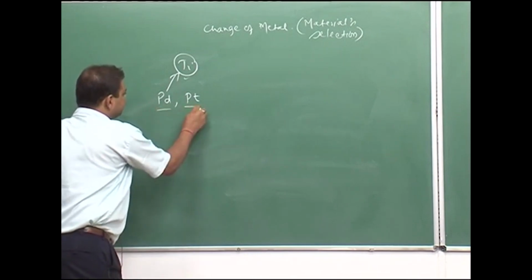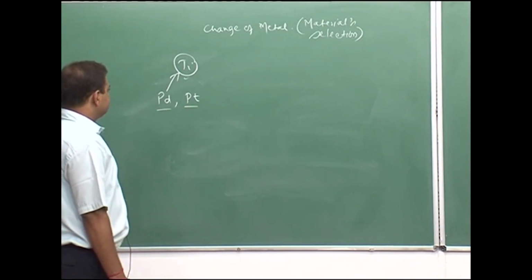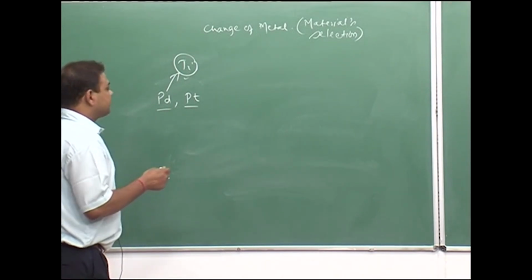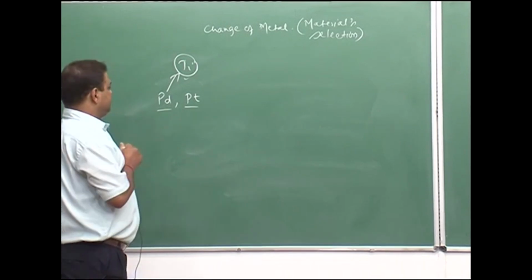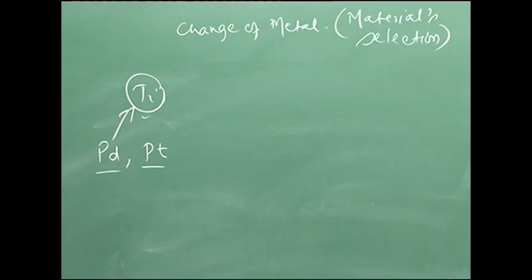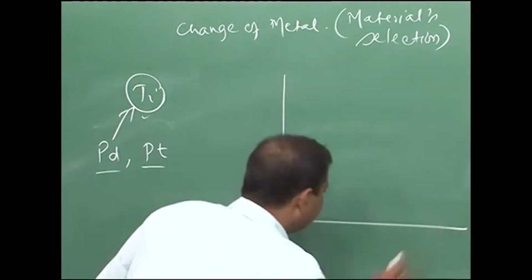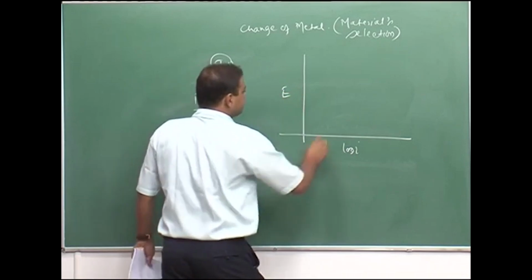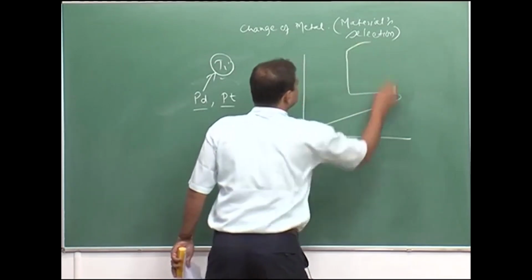Actually, they act as cathodic sites, and the exchange current density for the cathodic reaction increases. So, it takes the alloy to the passive layer. We have already seen this graph, which is the log I versus potential curve. The titanium is like this.